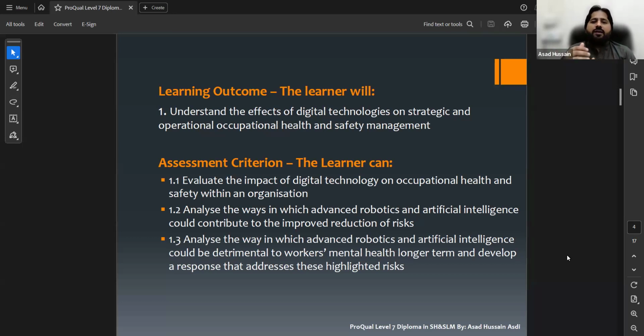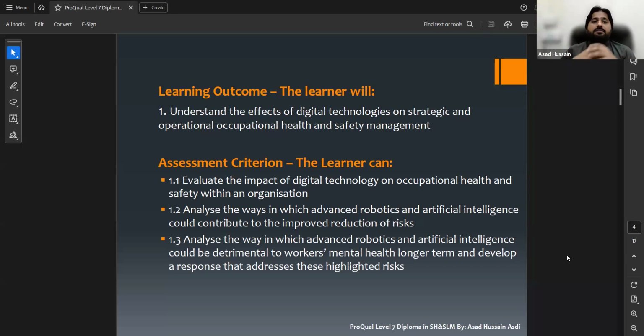So it means advanced robotics and artificial intelligence could contribute to the improved reduction of risk. So here you have to provide an analysis. Analysis of what? You have to provide analysis of how AR, advanced robotics, and AI, artificial intelligence, are contributing. For what purpose? For the reduction of risk.